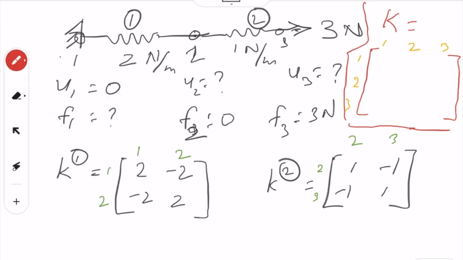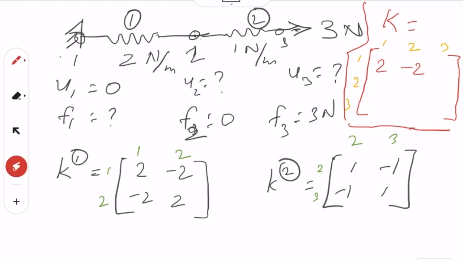Now let us see here, K11 is 2, so we are going to write 2 here. Then K12 is minus 2.